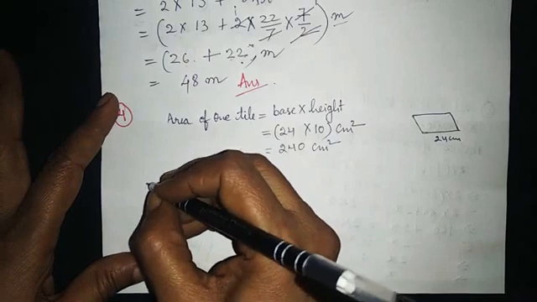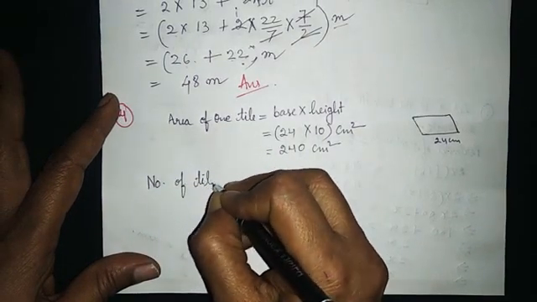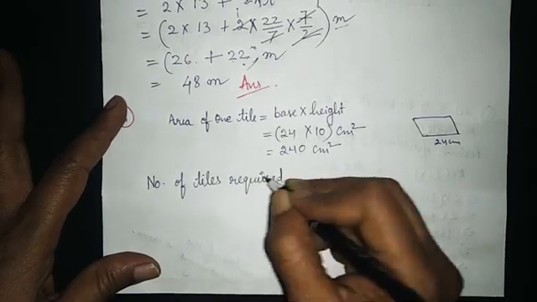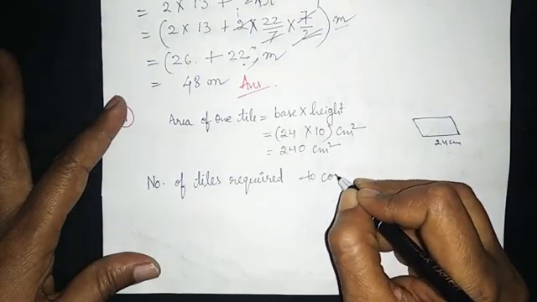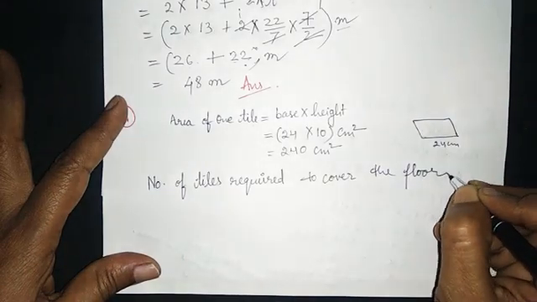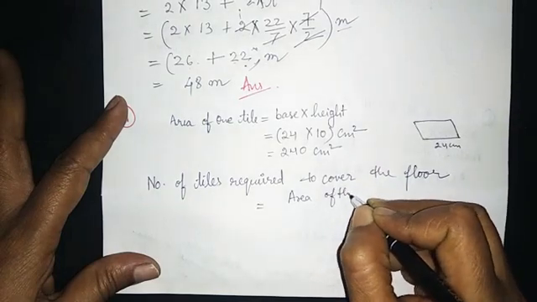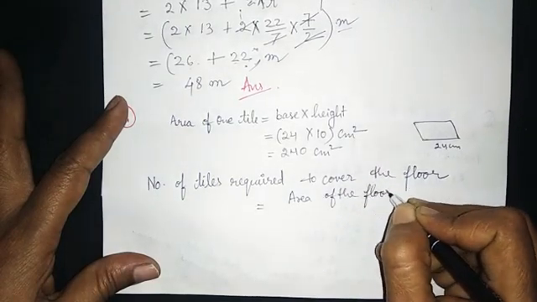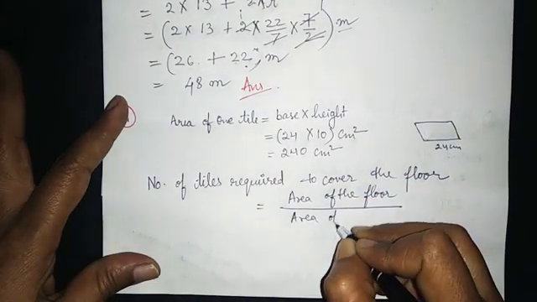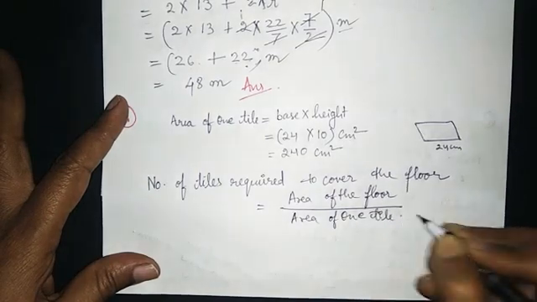So here we will write number of tiles required to cover the floor is equals to area of the floor divided by area of one tile.